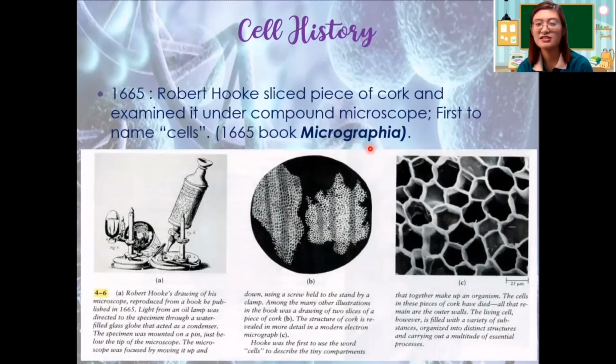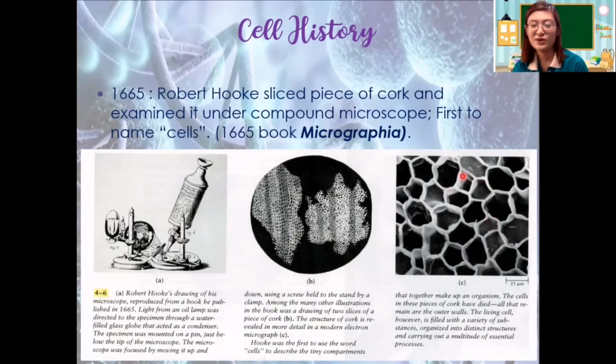Next. This is in his 1665 book, Micrographia. As you can see, he sliced a piece of cork, and this is how it looks viewed under the microscope. So, fun fact, a cork is a dried piece or part of the bark of a tree, if I'm not mistaken.